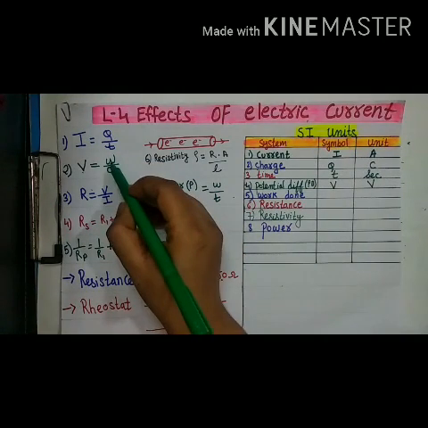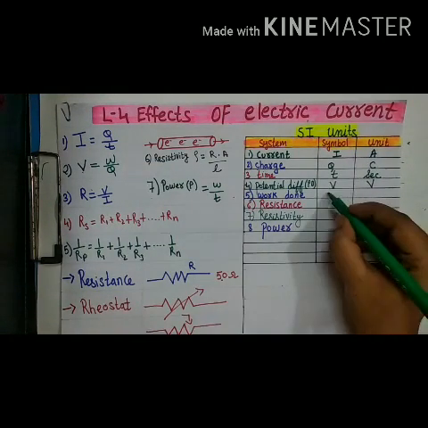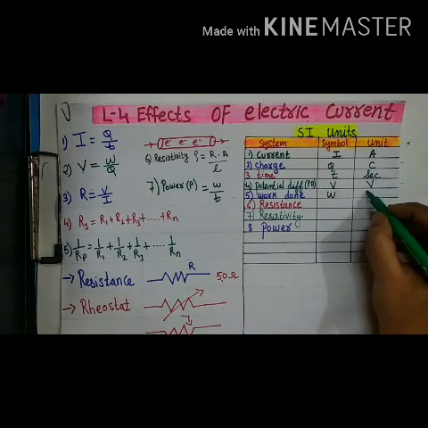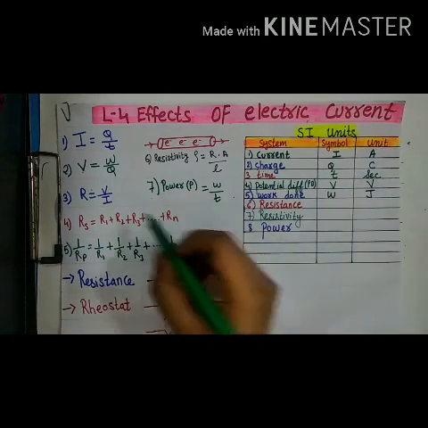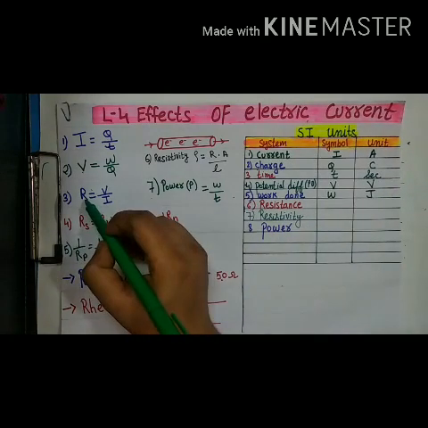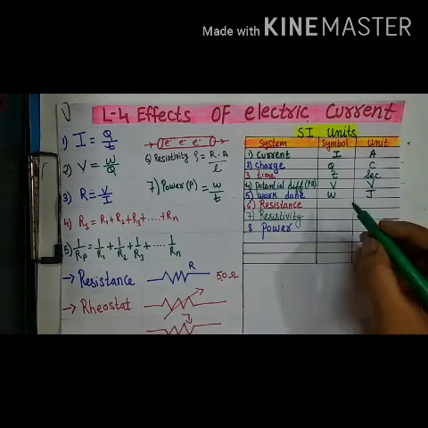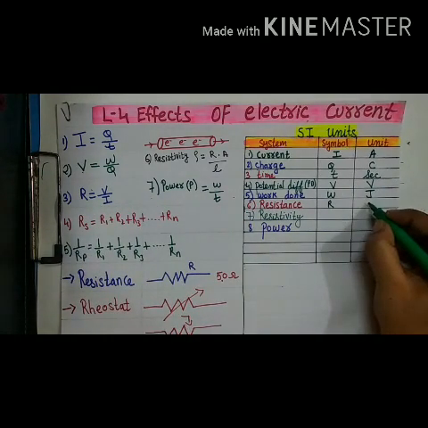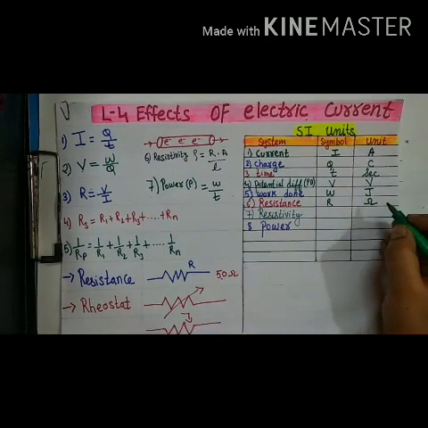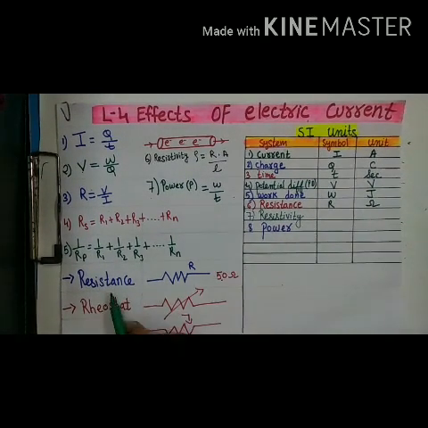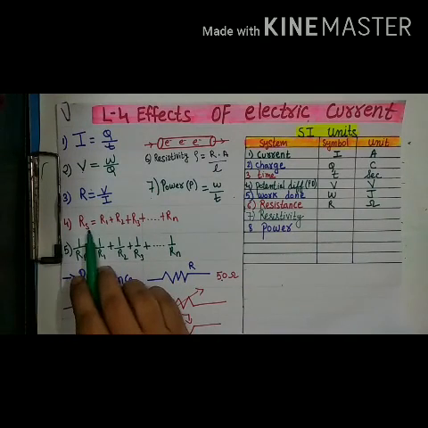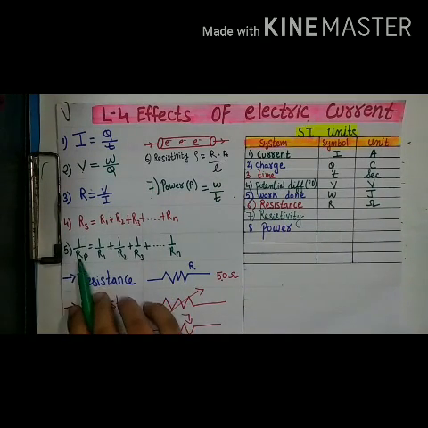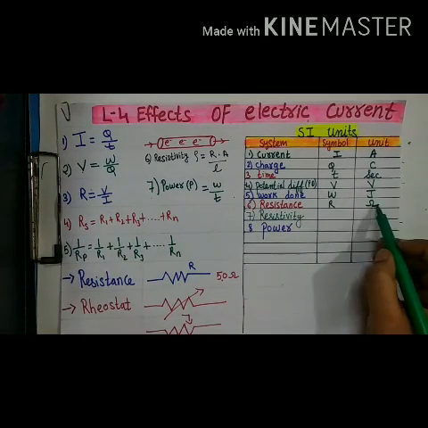W stands for work done. The SI unit of work done is joule. R stands for resistance. The SI unit of resistance is ohm. Resistance in series and resistance in parallel also have the SI unit ohm.